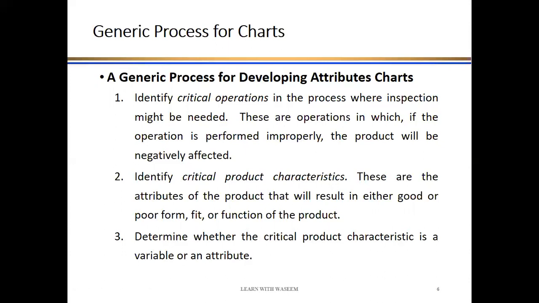That's why we call it the critical operation. The second step is to identify critical product characteristics. These are the attributes of the product that will result in either good or poor form, fit, or function for the product.